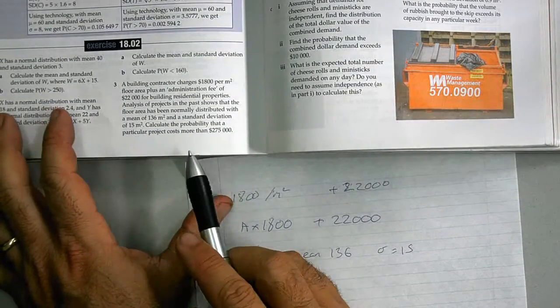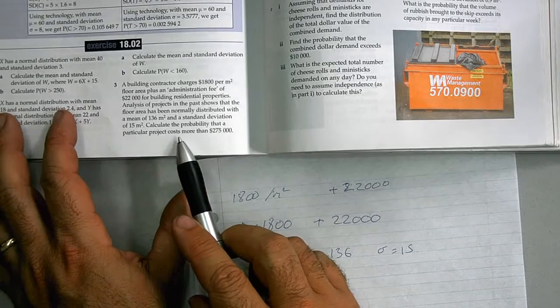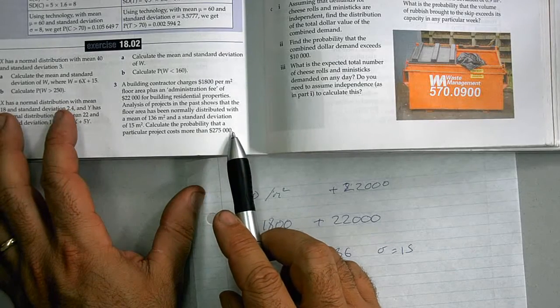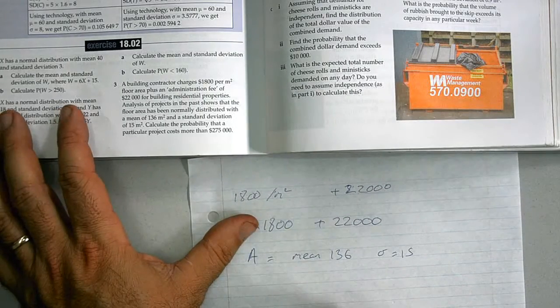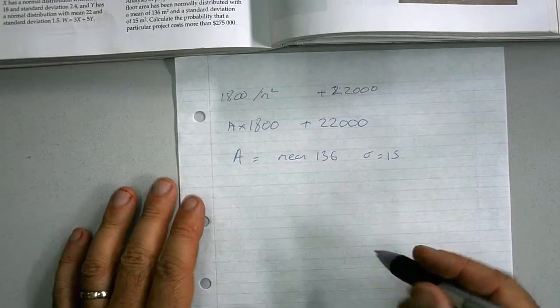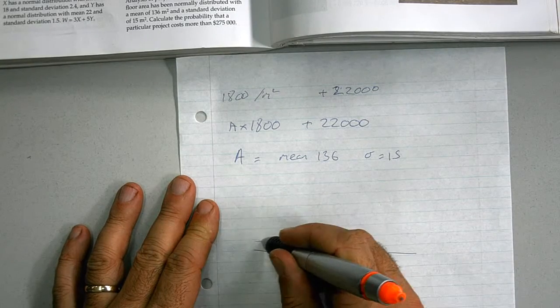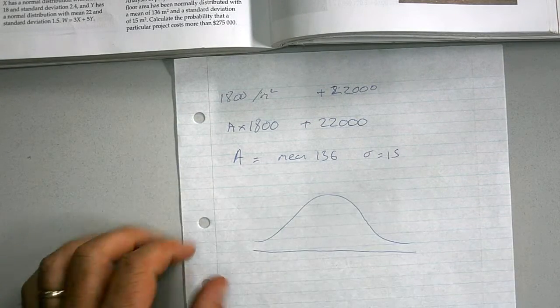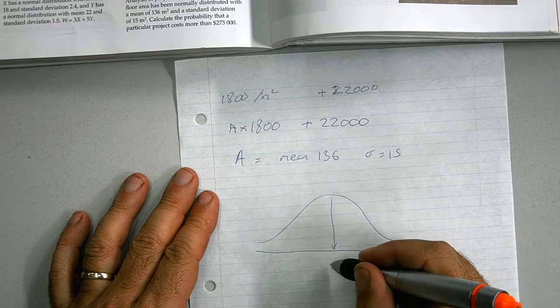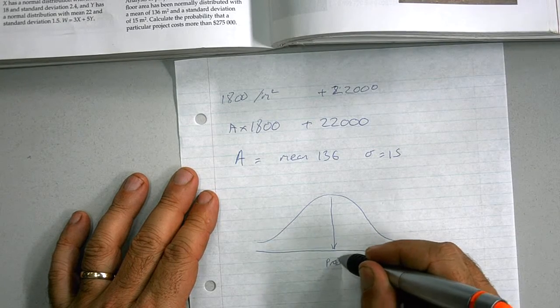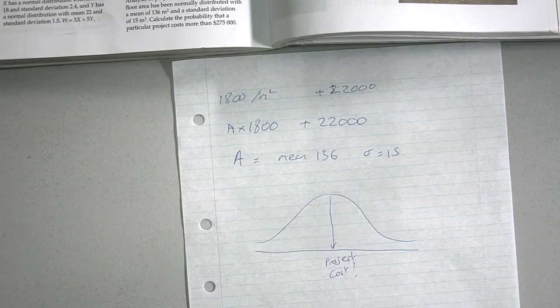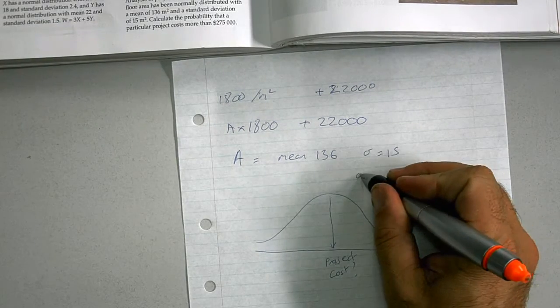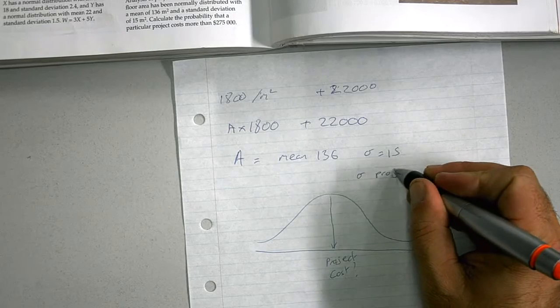Right, calculate the probability that a particular project costs more than 275,000. In order to do that, we're going to assume that the cost of the project is also normally distributed, which we know it is. I've got to work out the mean of the project cost and the sigma for the project cost.